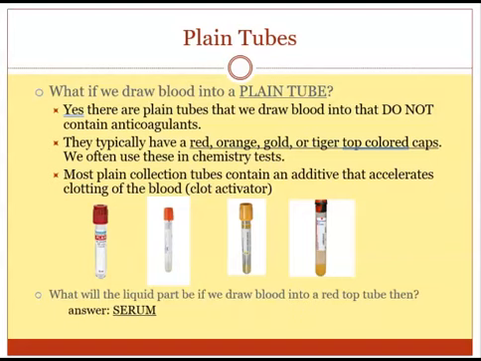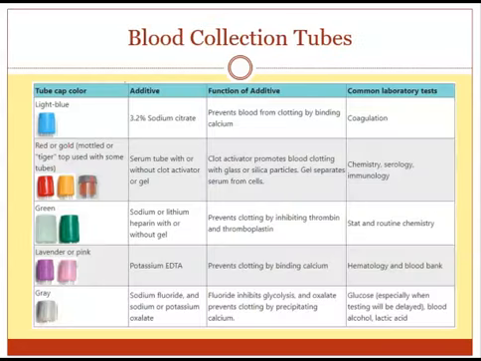So to sum up this slide, with your plain tubes, you'll end up with the specimen of serum. Here's a really nice chart of the tubes that we've been over. It shows the tube color, the additive for each tube, the function of the additive, and the common area where that tube is used in the laboratory.